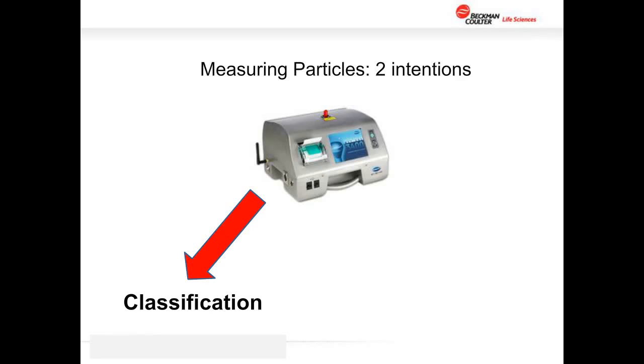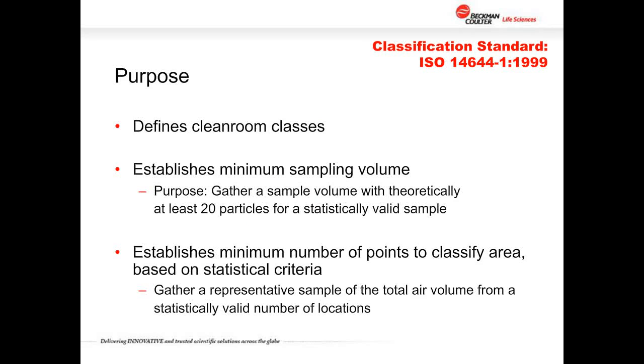So let's look particularly at the classification function for airborne counts. What is the standard that we're addressing here, this ISO 14644? Its main purpose is two things. First thing you could say is defining the cleanroom class, being able to have a common language. I can speak to someone about an ISO class 5 room, and they'll have a sense of what that means. Maybe it'll bring up a mental image of someone dressed up in a complete garment, a full bunny suit, as we would say, with even goggles on.